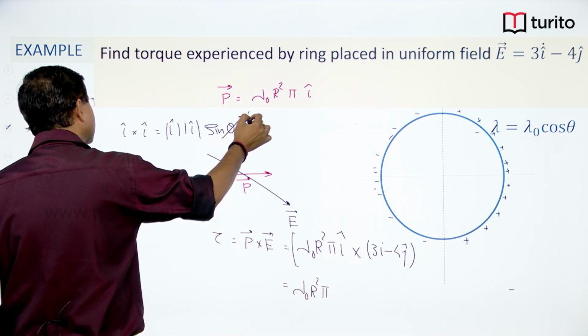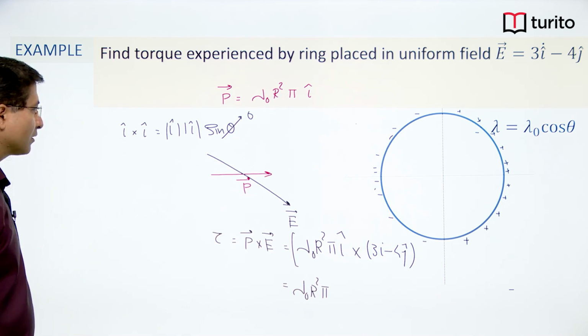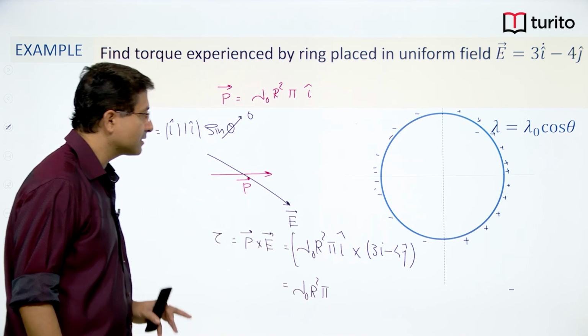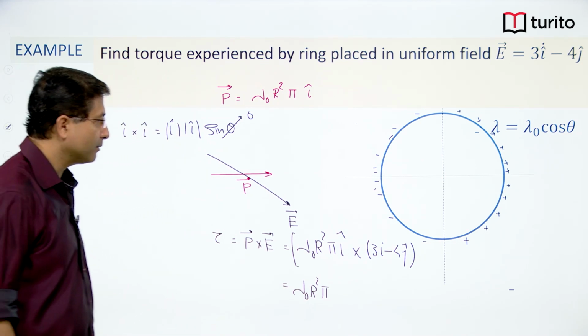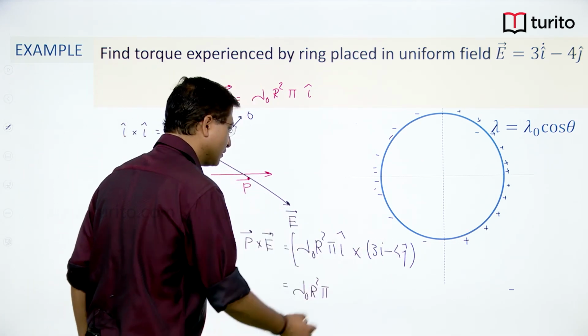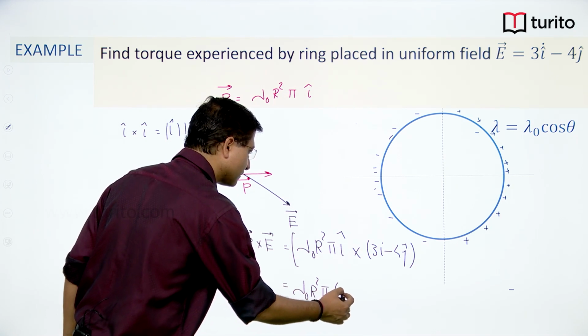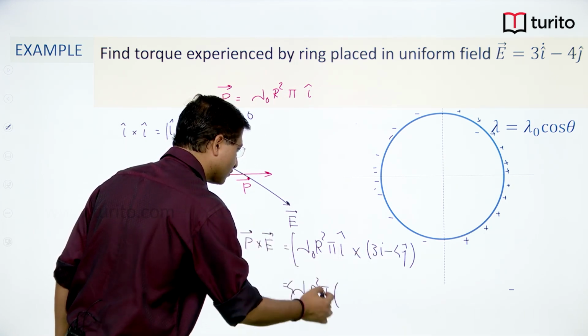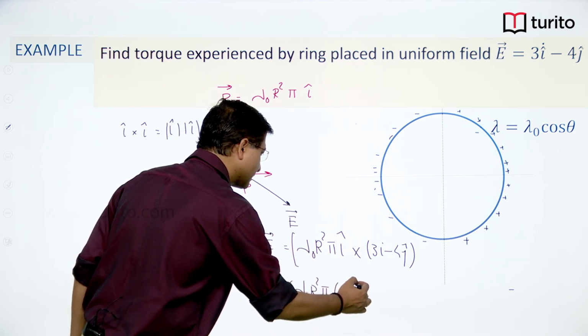So here this angle is 0, this value will be 0. Now next one will be i cross j. i cross j is k, right? So I am directly writing i cross j is k. So you will get minus k over here. So 4 outside, I will take this 4 outside and I will write minus k cap.